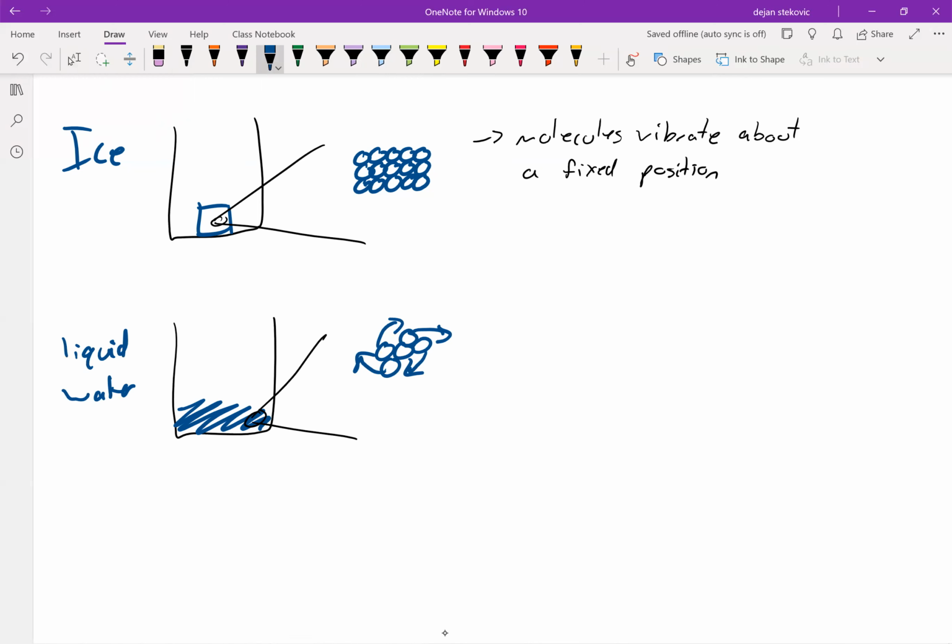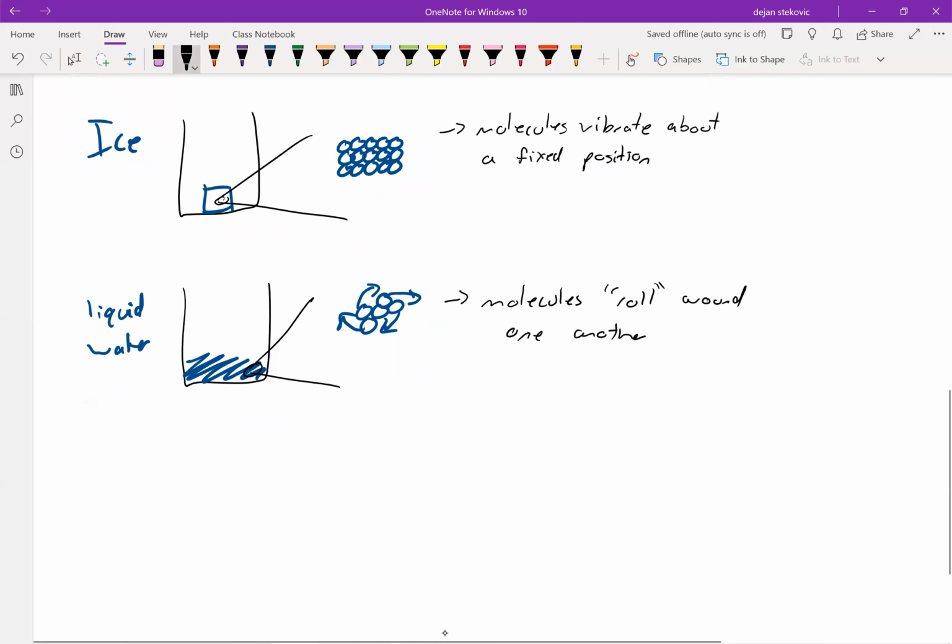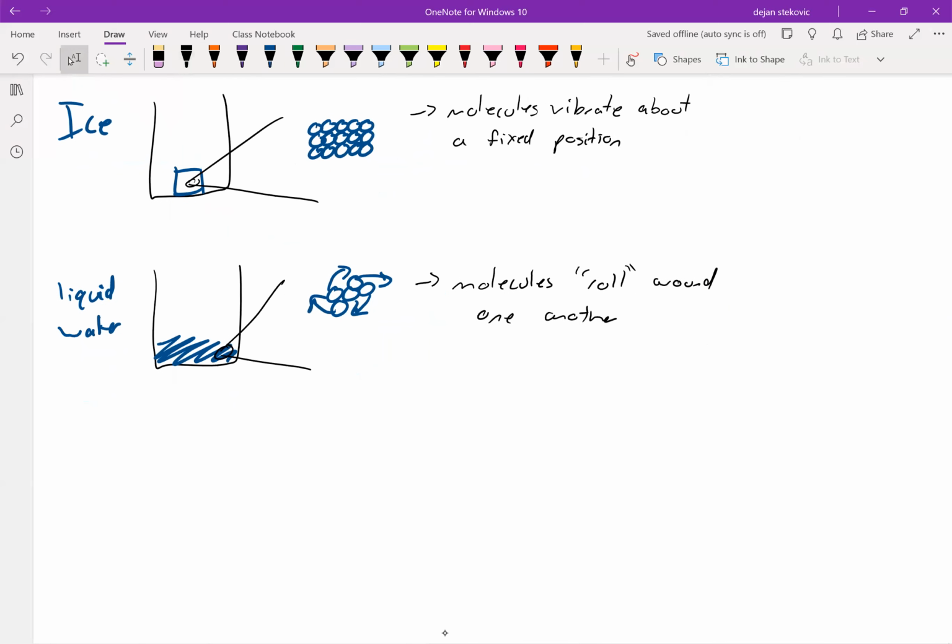Now, instead of vibrating about a fixed position, what we say is that they roll around one another. So now they're free to change places, but they're still touching one another, right? And that explains why the liquid takes the shape, but not the volume of a container.